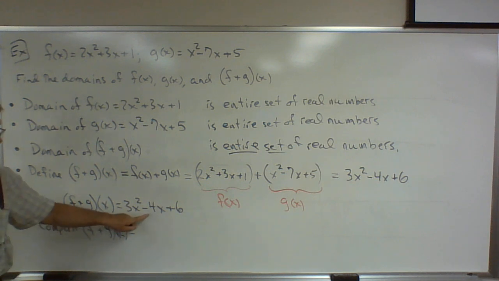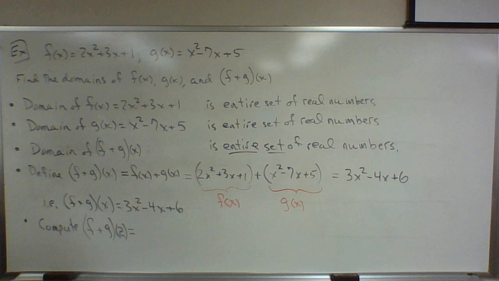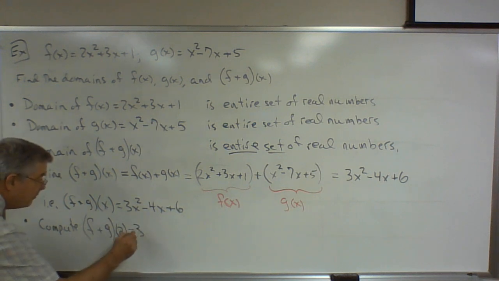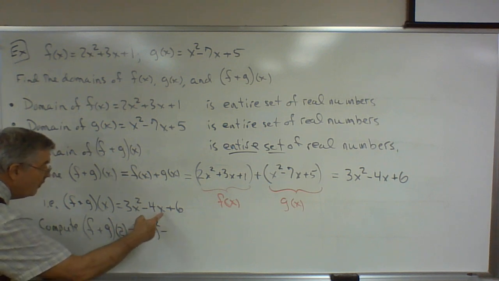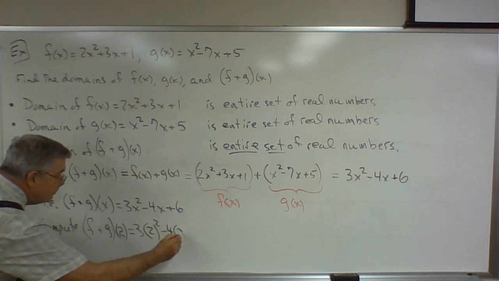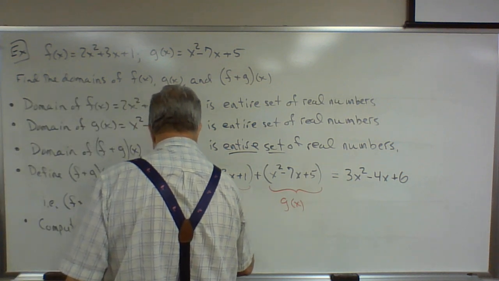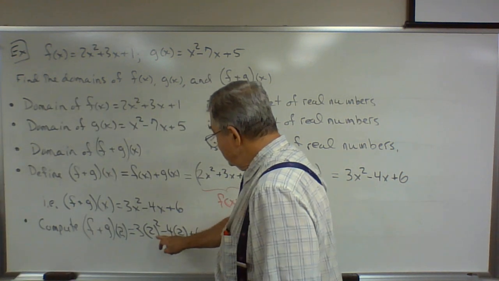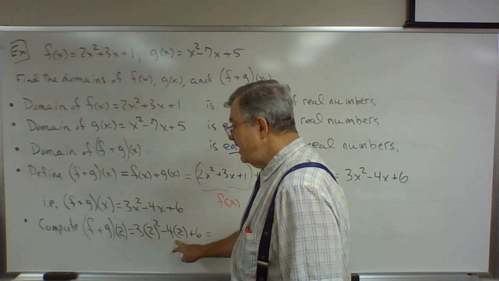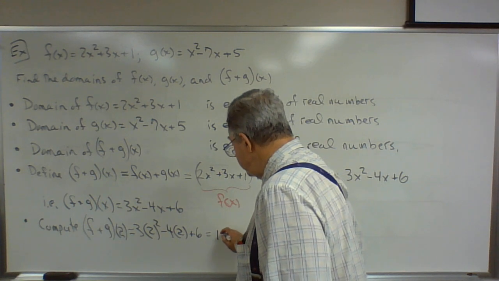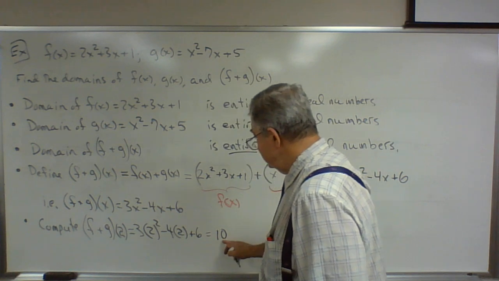So every place we see an x up here in our model, we'll just put 2 down here. 3x squared, we'll put a 2 down here. 4x, we'll put a 2 down here. Plus 6. Okay, 2 squared is 4 times 3 is 12. Minus 8 is 4 plus 6 is 10. f plus g evaluated at 2 is 10.